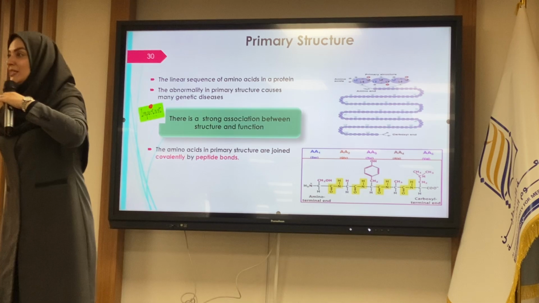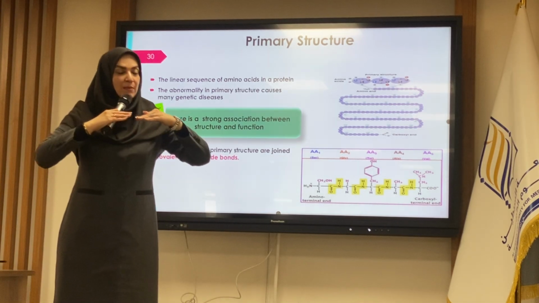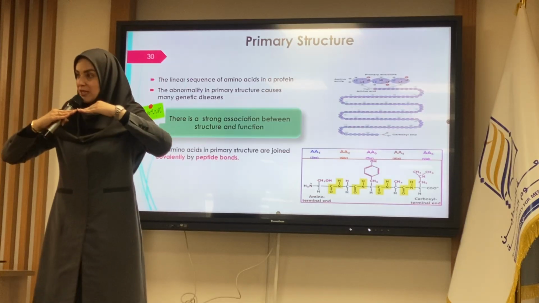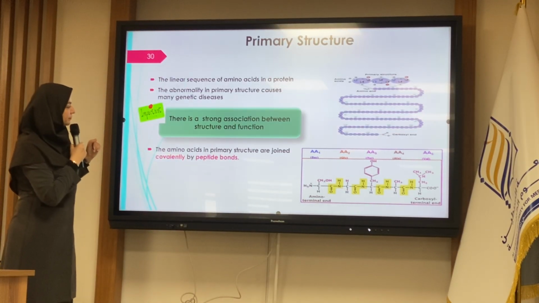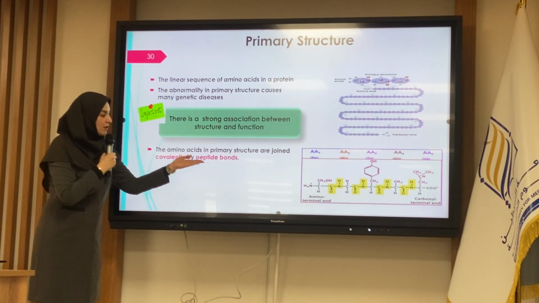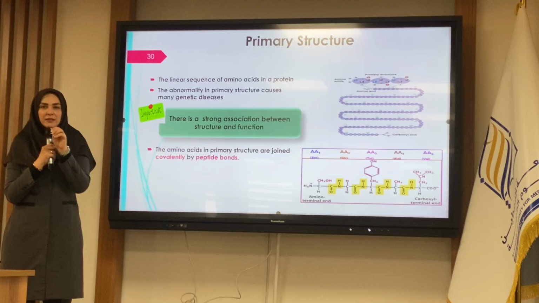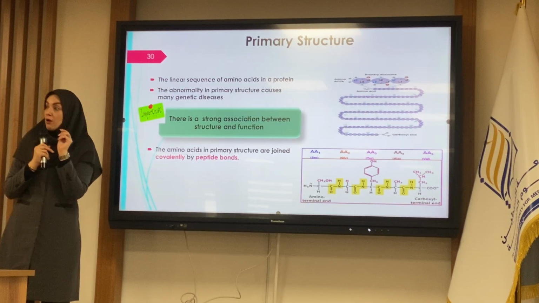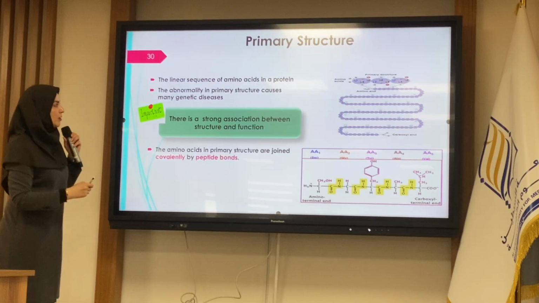Excellent. But the name of the bond between amino acids is the peptide bond. Okay? A peptide bond is covalent. Is covalent strong or weak? Strong. Covalent is classified as a strong bond.